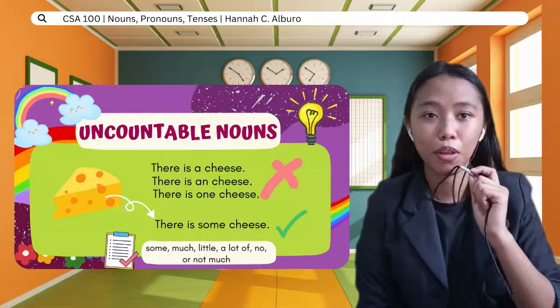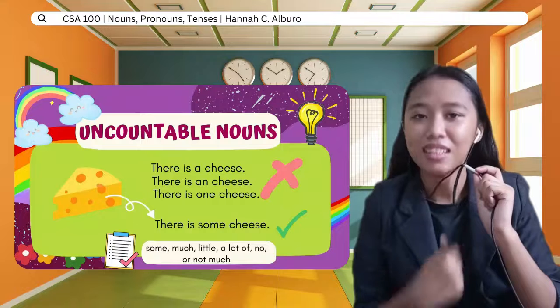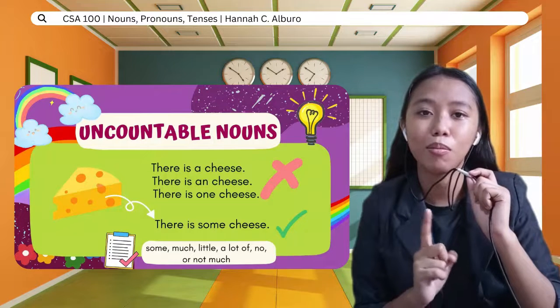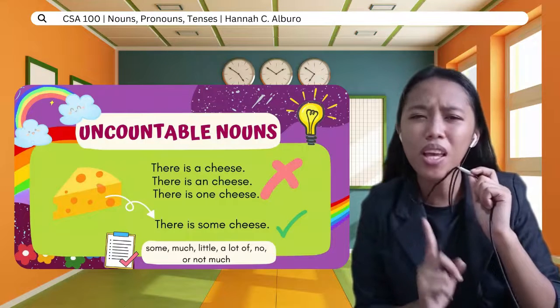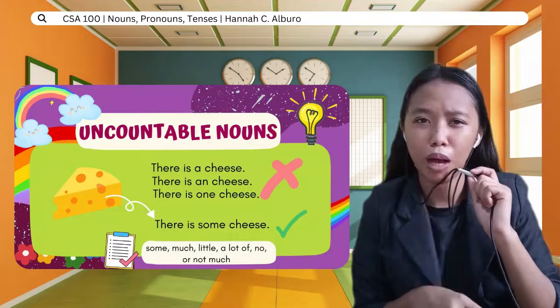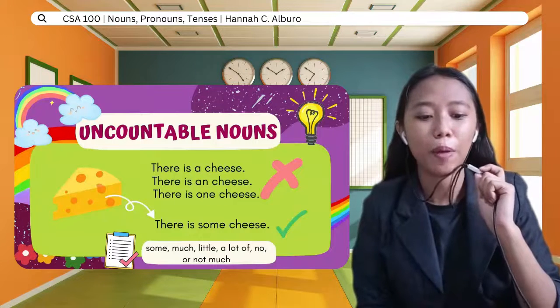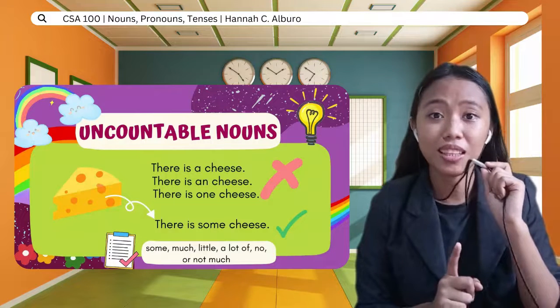An example of an uncountable noun is cheese. Yes, cheese is actually an uncountable noun, and some of you might be confused. Why is cheese an uncountable noun? Well, let's find out. For the first sentence, let us look. "There is a cheese."